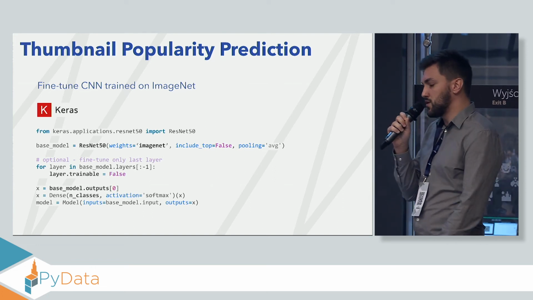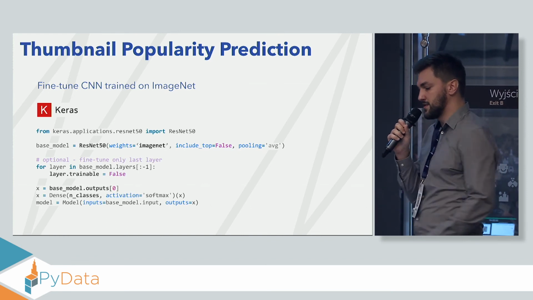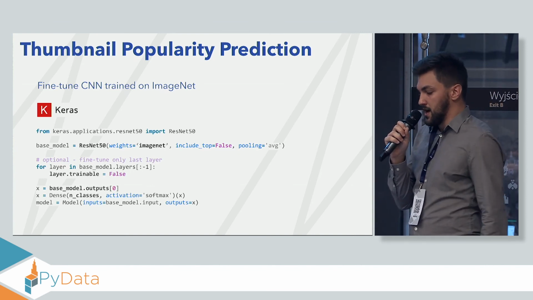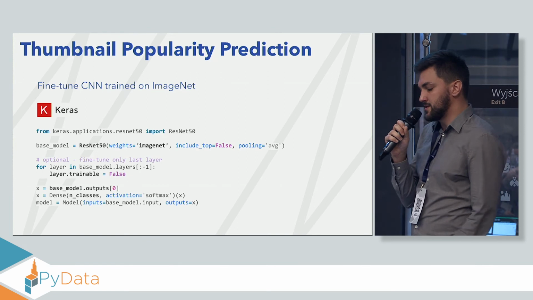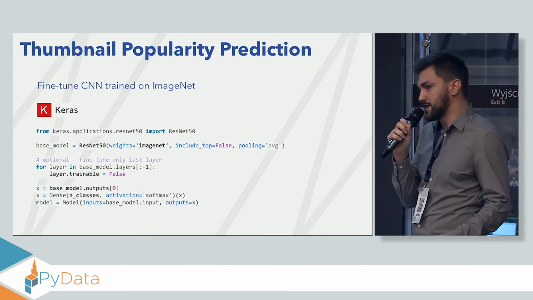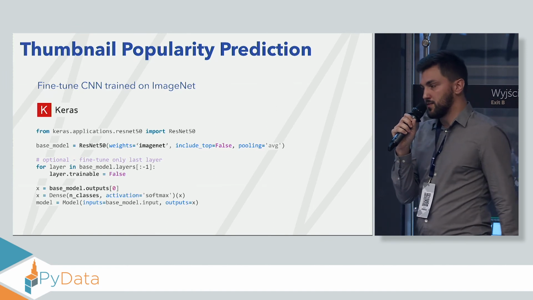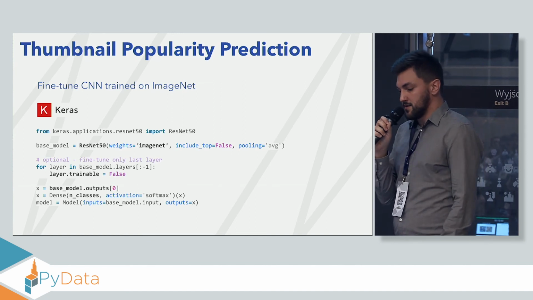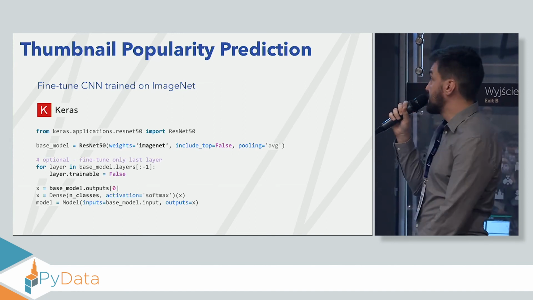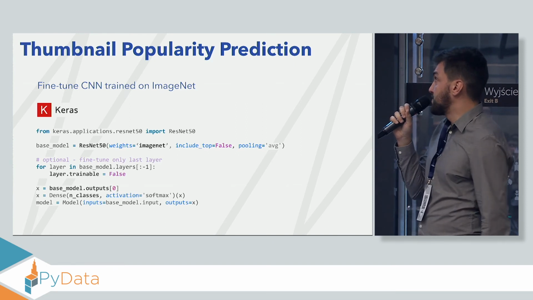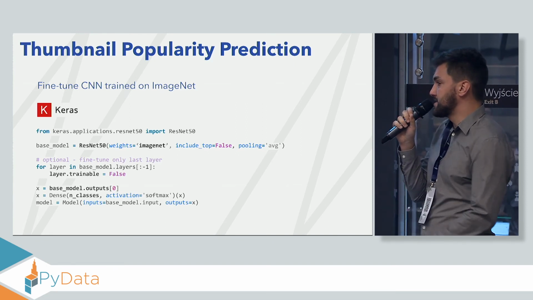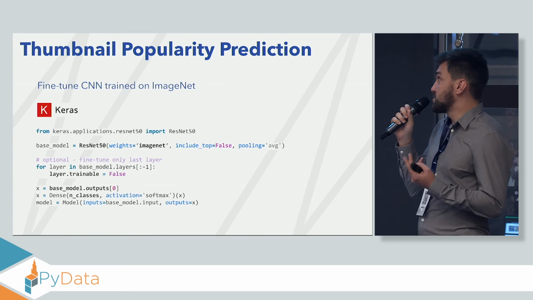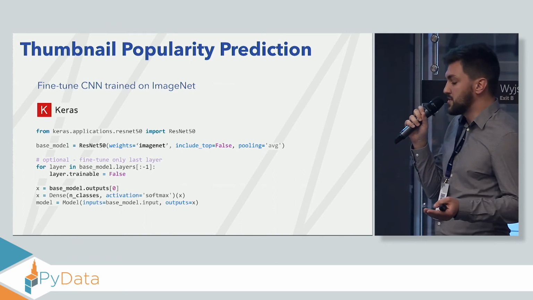We set include top to false, which means that it won't return the ImageNet 1000 classes, but will just return the features that we can train the network on. We can freeze the earlier layers, and we should do that if we don't have enough data, because if we don't, our network will probably overfit quite quickly. And then just add this last fully connected layer that will provide us with predictions. In our case, it would output two scores for whether the image is popular or not.